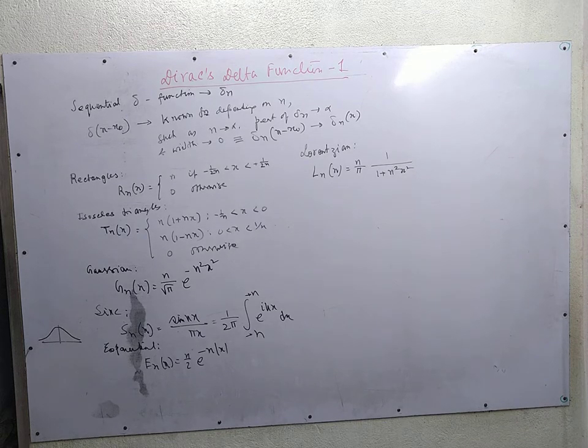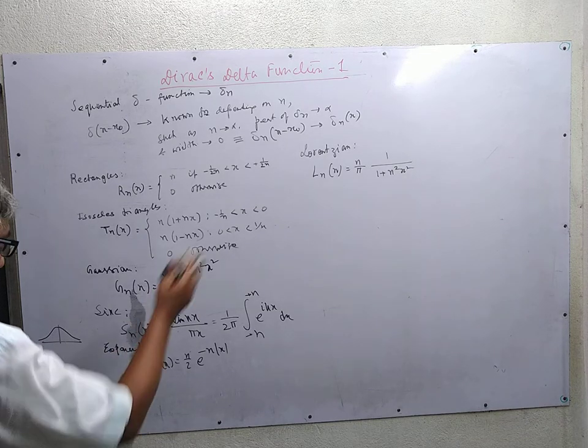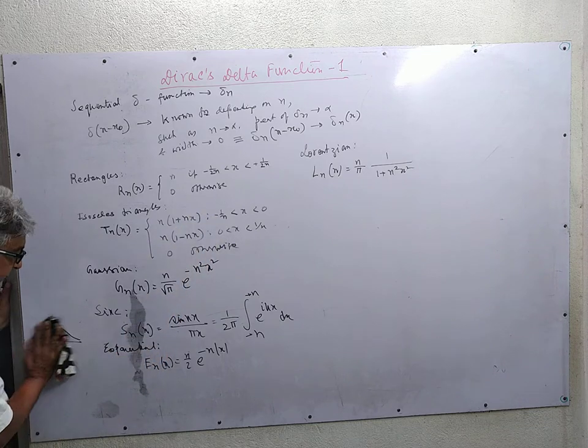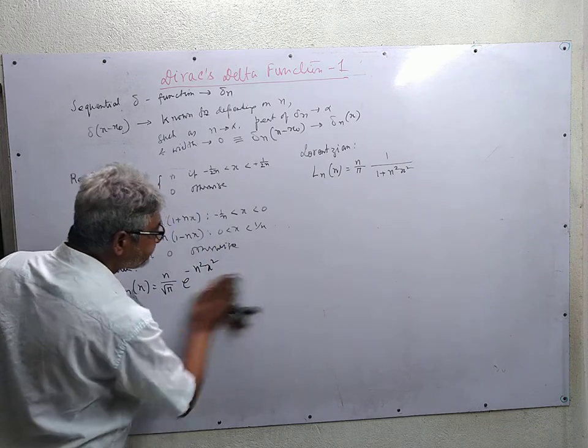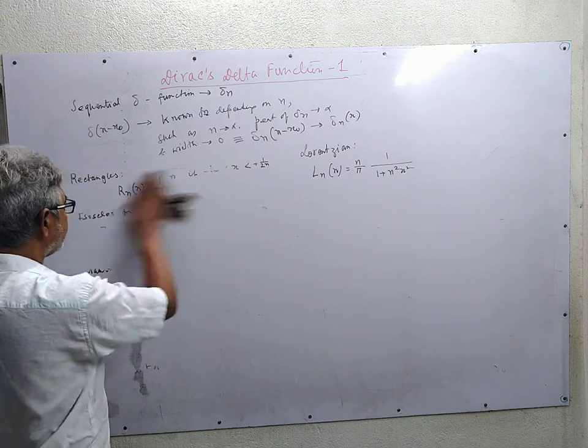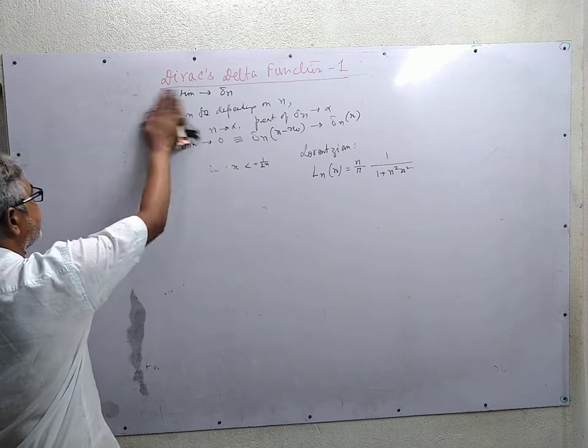We shall prove a few properties of the delta function using the Lorentzian sequential representation.